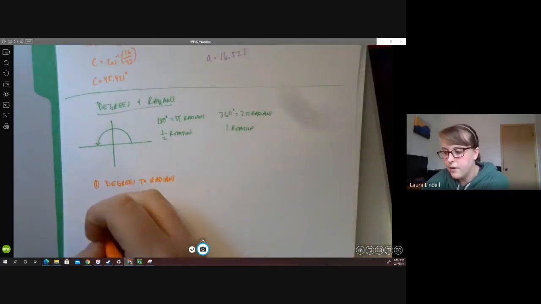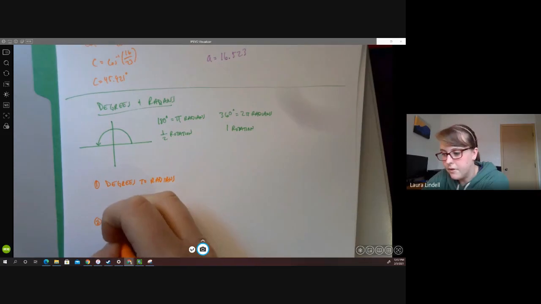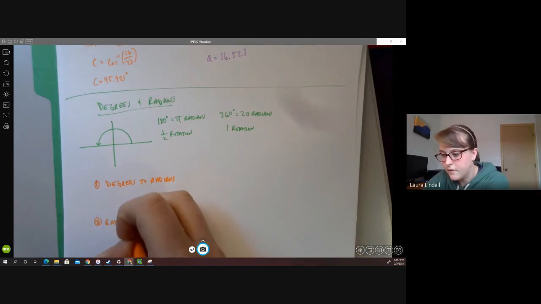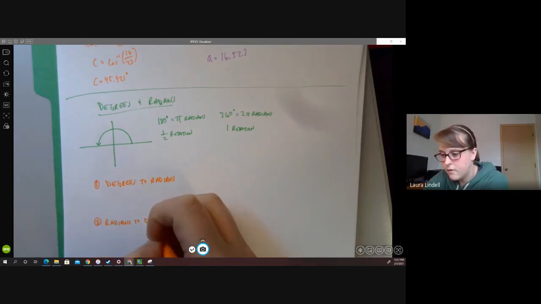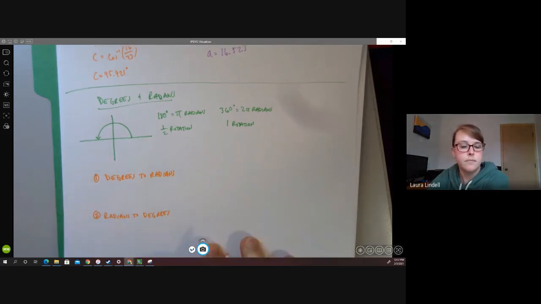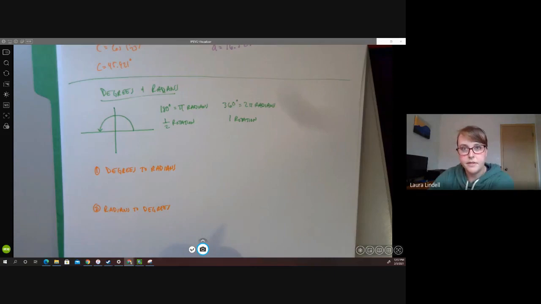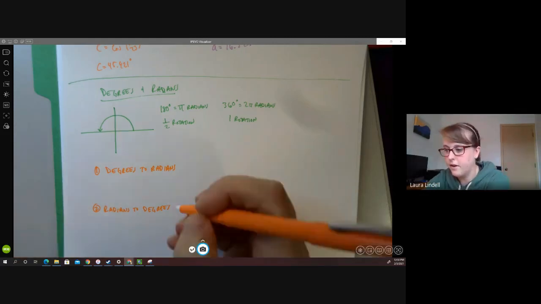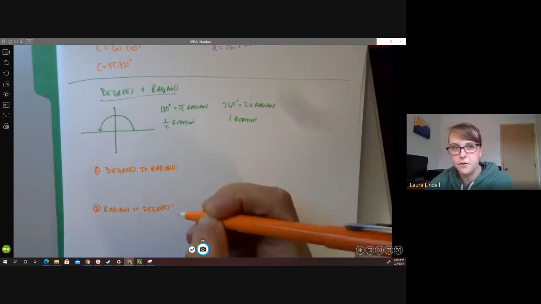And the second way is radians to degrees. And the great thing is this is just unit conversions. So if you are familiar with unit conversions from chemistry class at all, this is going to take you back to that. If you haven't had chemistry yet, or you don't remember the unit conversions very well, then this is a refresher course.